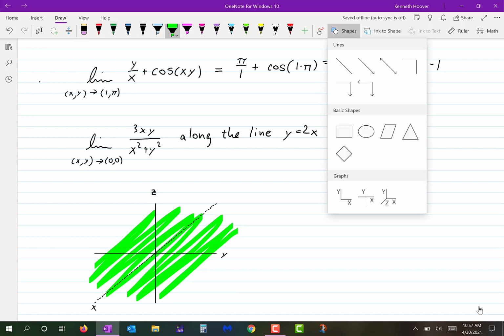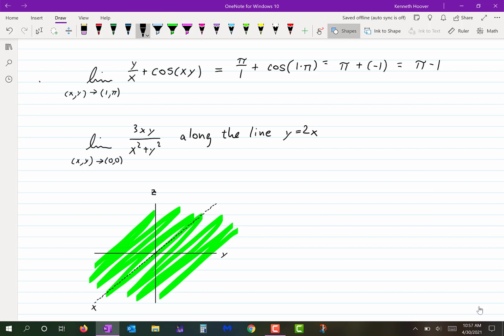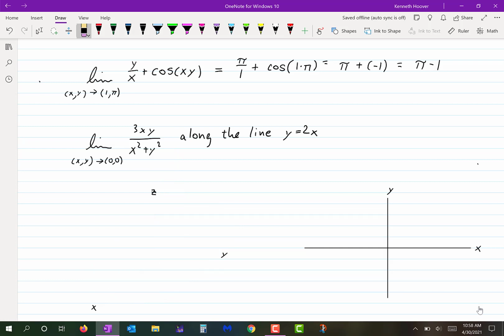Okay, so when I draw this, what we're doing is we are looking straight down at the domain. Okay, I just want to make sure you're clear on that. There's no z-axis there because I'm just looking. It's like I'm hovering over the top. I'm hovering up in space and I'm looking straight down at the domain.